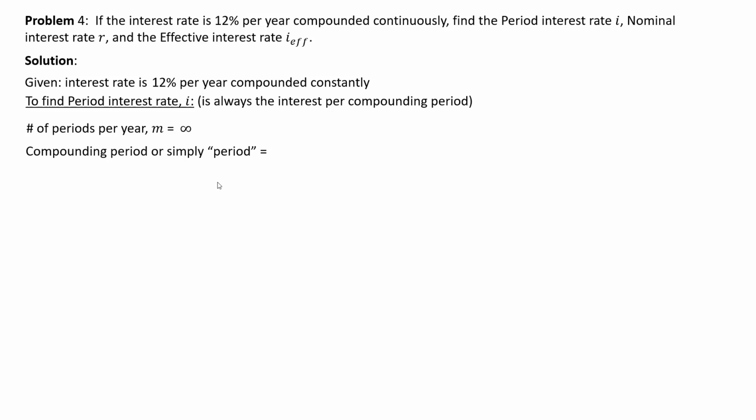Okay. And what is the compounding period or simply period? So what is the period? Is it 1 month, 1 day, 1 second? 0 seconds. That doesn't make any sense.